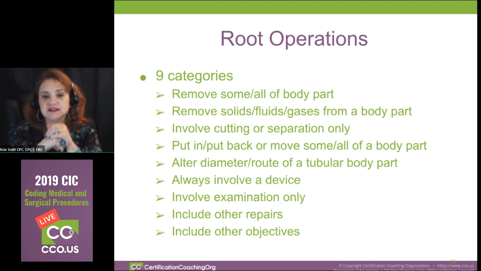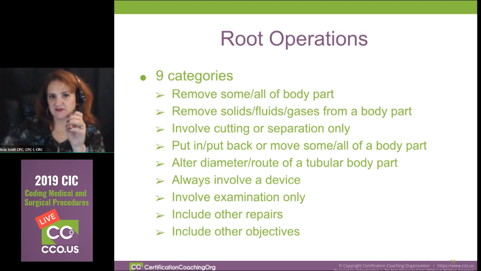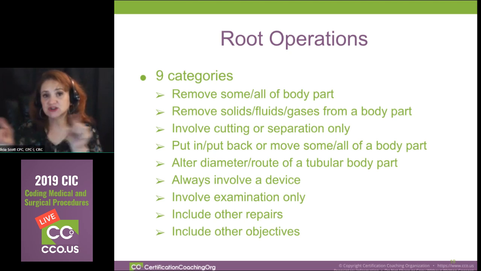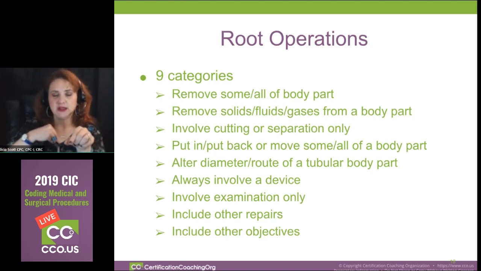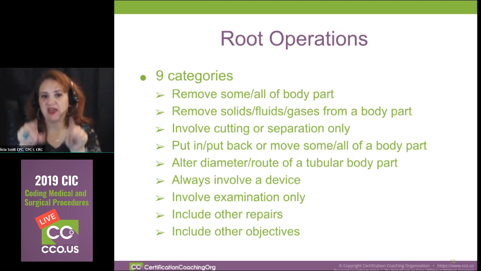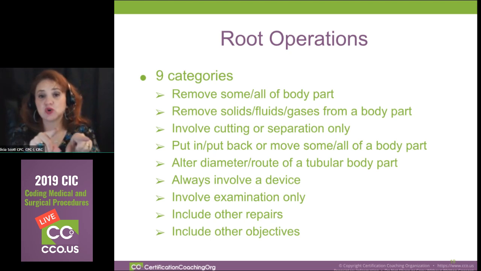We're going to alter a diameter or route of a tubular body part. Now, if we alter it, that's not the same as taking the saphenous vein from the leg. That's a tubular, it's vascular, right? It's a tube, and grafting it into the heart for a bypass. That's not the same because we're altering the route.